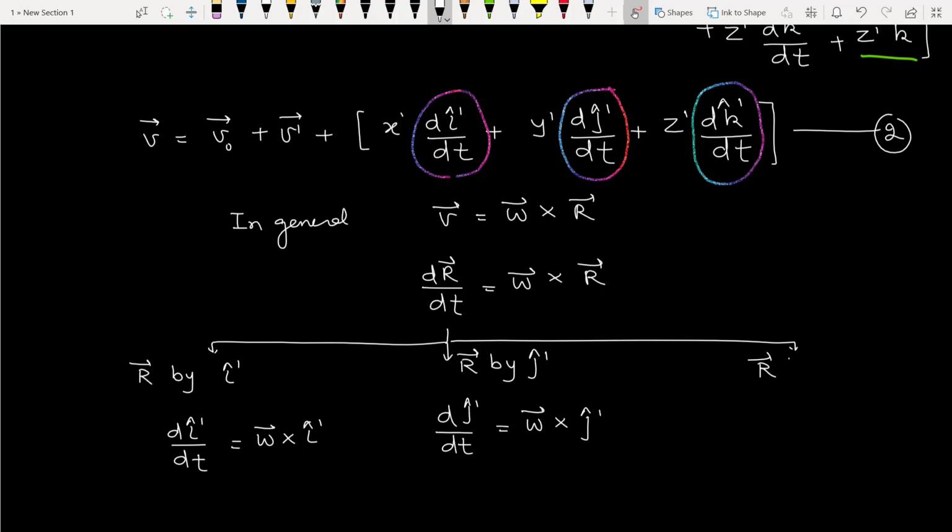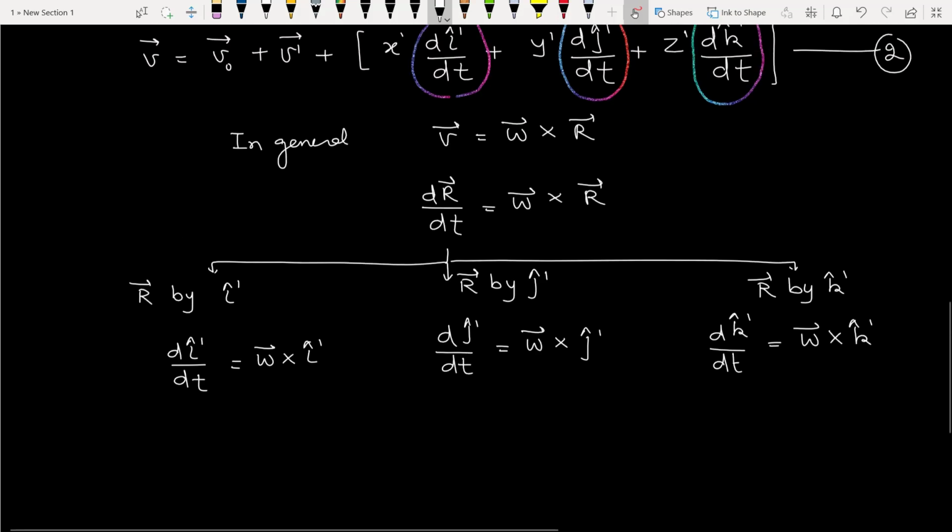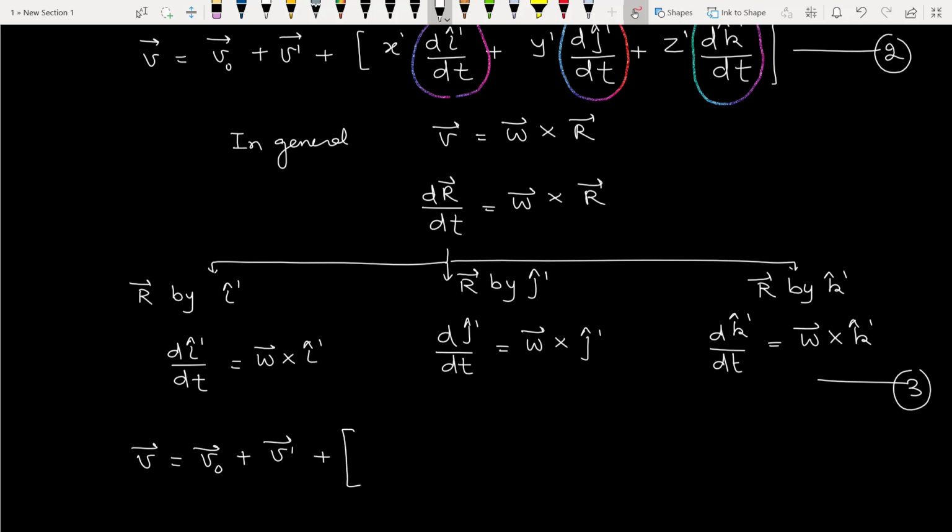And if we replace R vector by k cap dash, it is d upon dt of k cap dash, it is omega cross k cap dash. So if we substitute these equations in equation number 2, we will get V is equal to V naught, V dash, X dash omega cross I cap dash, Y dash omega cross J cap dash, Z dash omega cross K cap dash.